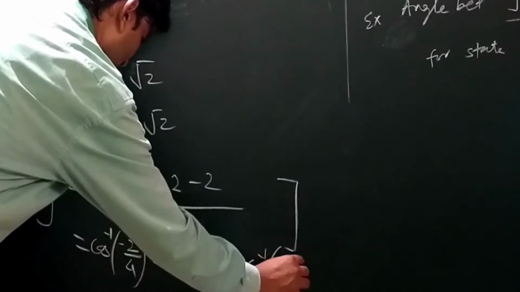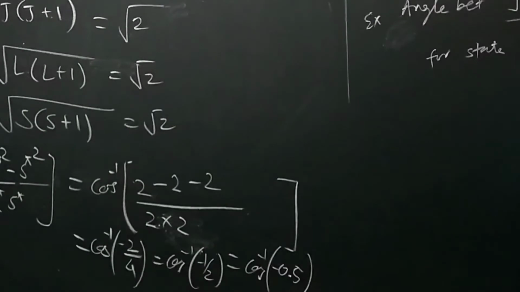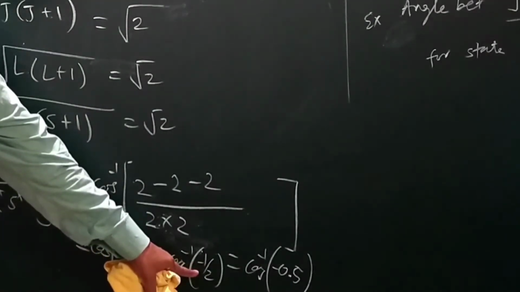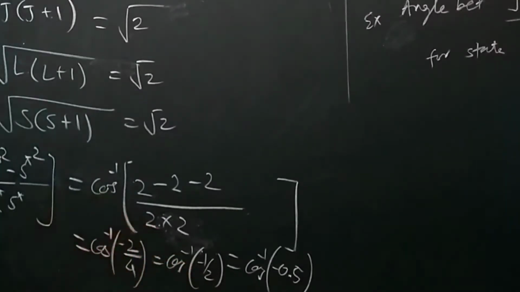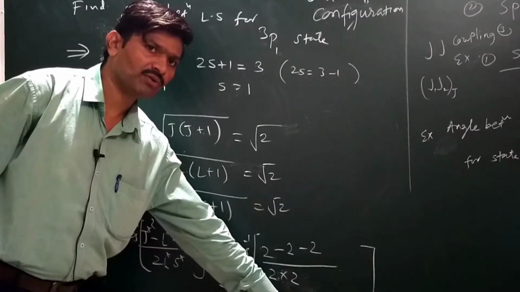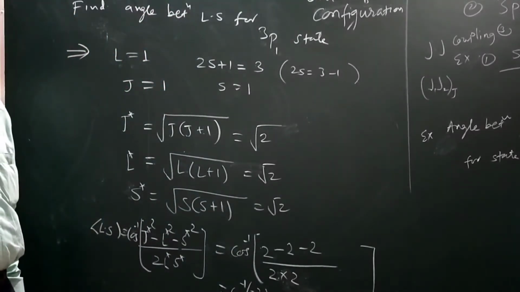Minus half means cos inverse of minus 0.5. The minus sign gives a negative value. That means the angle is greater than 90 degrees.